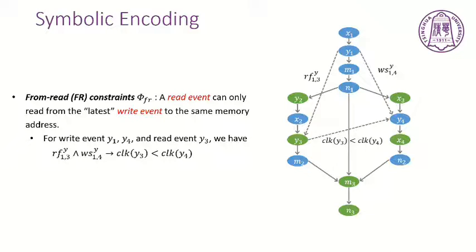Then we know that y3 must happen before y4. Otherwise, if y4 happens before y3, when y3 is executed, y4 has already overwritten y1, and by no means can y3 read from y1. Such constraints are called from-read constraints. They are implied by a read-from constraint and a WS constraint.